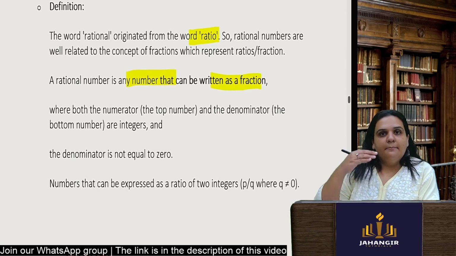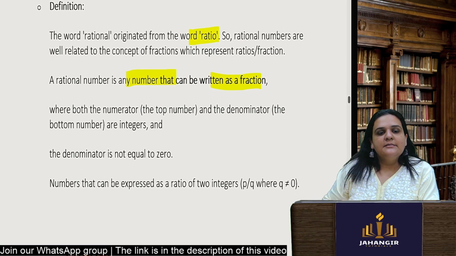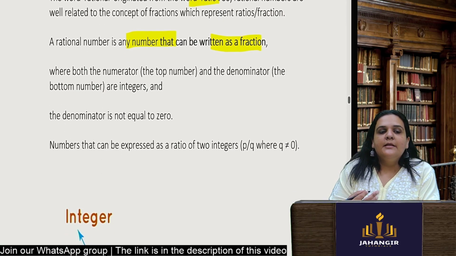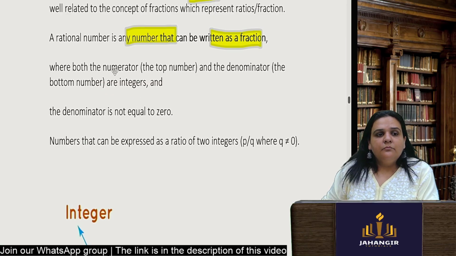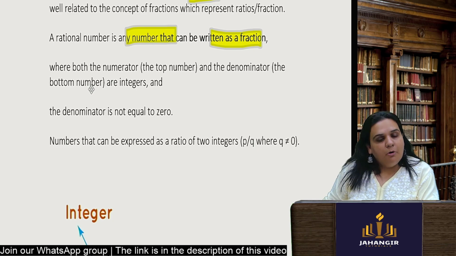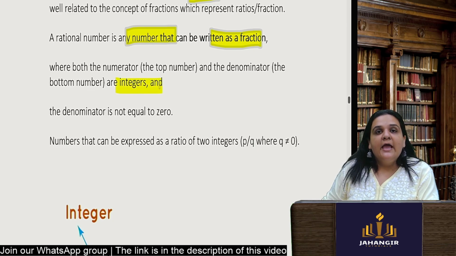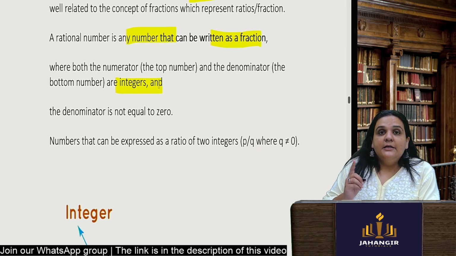So there is a number in the numerator and there is a number in the denominator, and these numbers can be integers. Okay. Now, both the numerator, the top number, and the denominator, that is the bottom number, are integers, and one condition, that the denominator is not equal to 0.